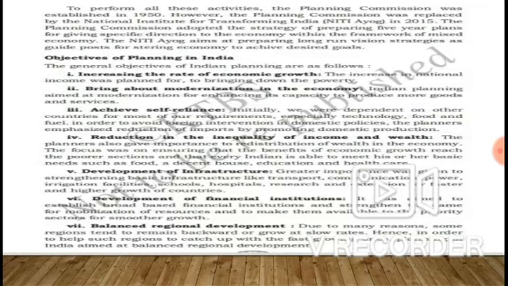The increase in national income was planned for bringing down poverty. The second one is bringing about modernization in the economy. Indian planning aimed at modernization for enhancing its capacity to produce more goods and services.